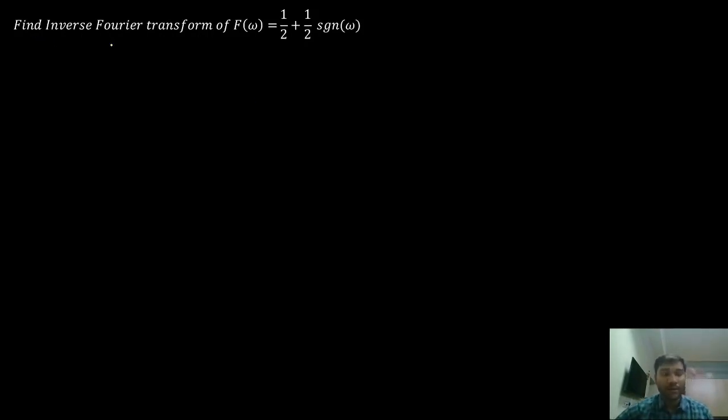And now we'll look at the inverse Fourier transform for F of omega equals 1 by 2 plus 1 by 2 signum of omega. So I need to find the inverse Fourier transform, that is, I have to find f of t, right?